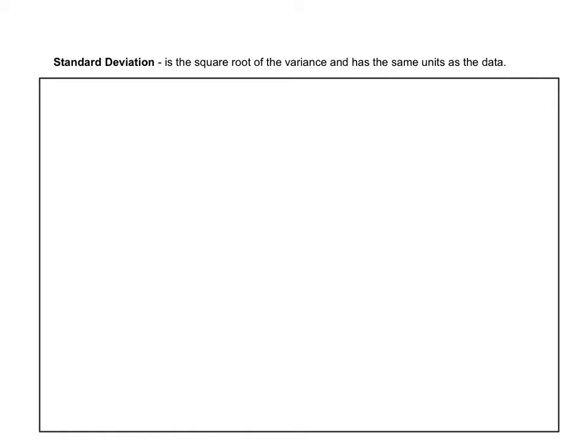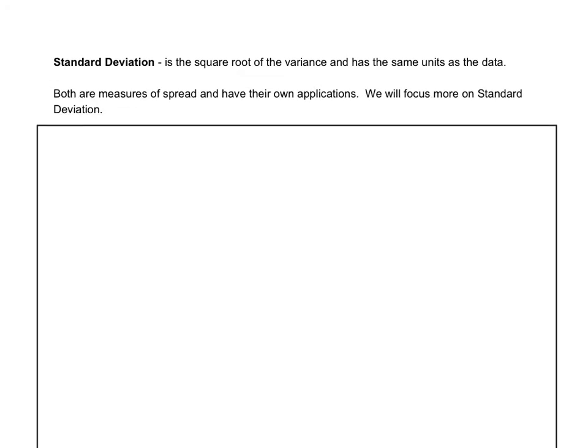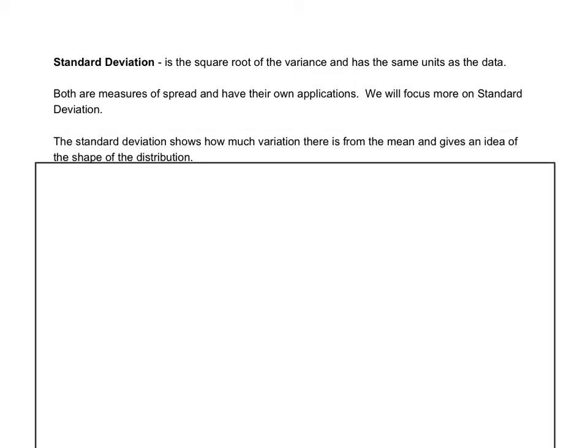If we're just trying to find that spread in kilograms, then with standard deviation, we take the square root of our variance, which brings us back into kilograms. So we're looking at the difference in kilograms rather than units of kilograms squared. Both are measures of spread and have their own applications, but we'll focus more on the standard deviation piece.